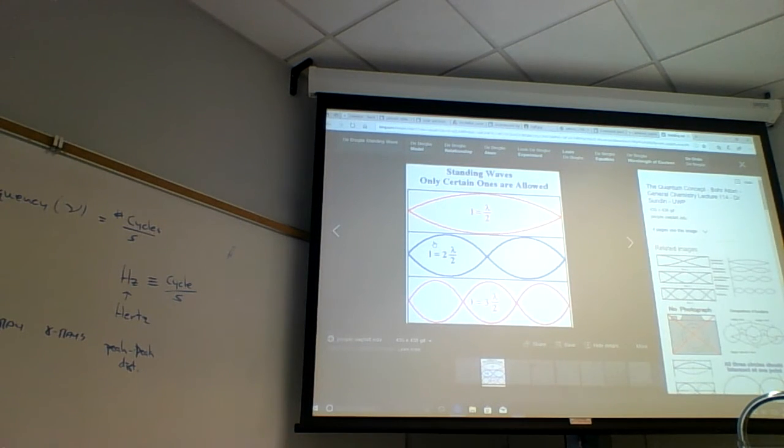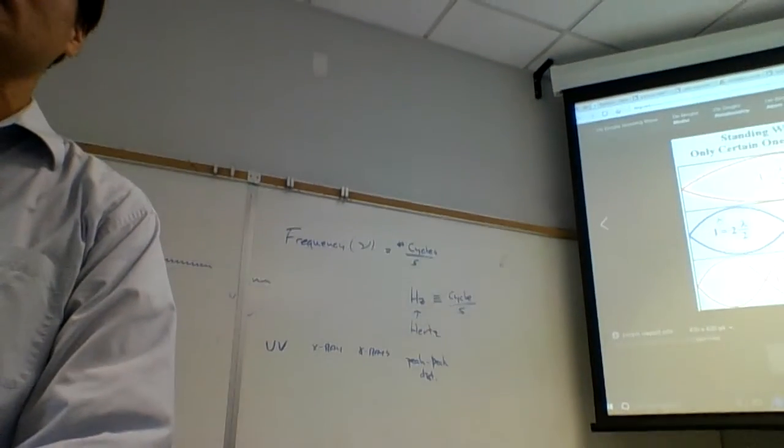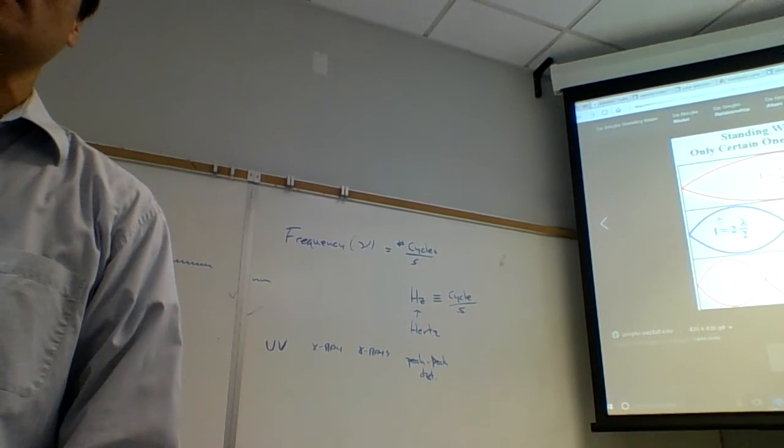The next allowed energy would be adding a half wavelength to this. Let's say I had 1 trillion half wavelengths here. What's the next allowed energy? 1 trillion and 1 half wavelength. Is there going to be much energy difference between 1 trillion and 1 trillion and 1 half wavelength in terms of sound or anything else?